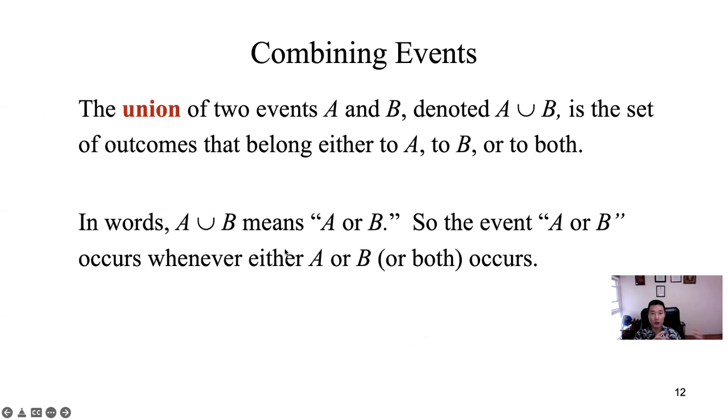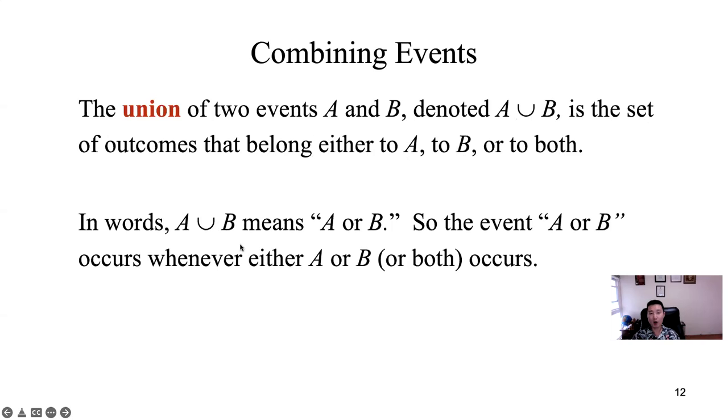A union of two events A and B, we also denote as A or B. This is a half circle facing up. It is the set of outcomes that belong to either A, B, or both.